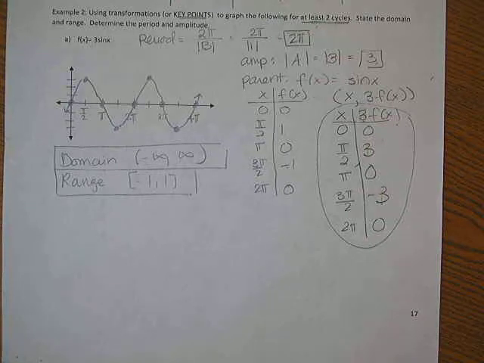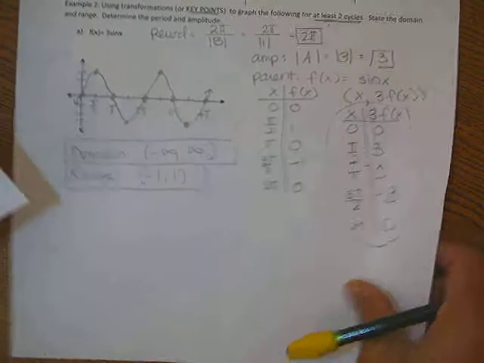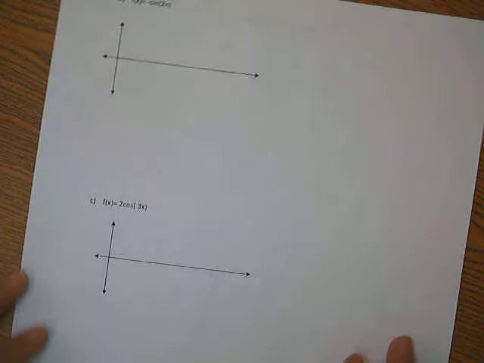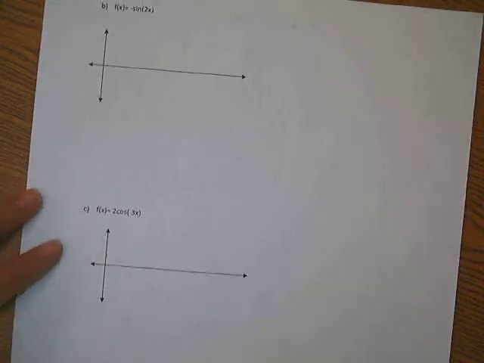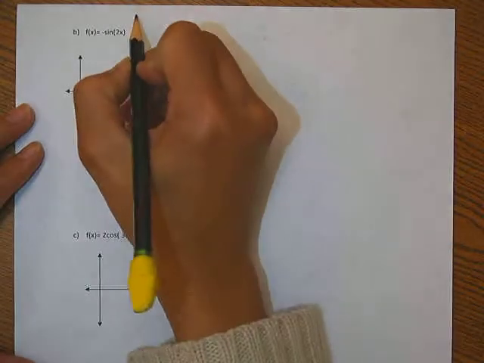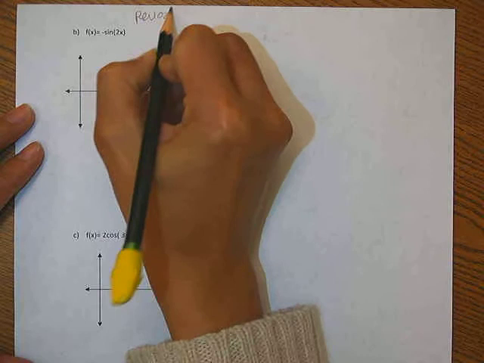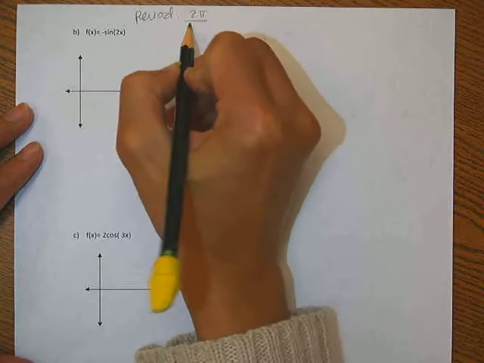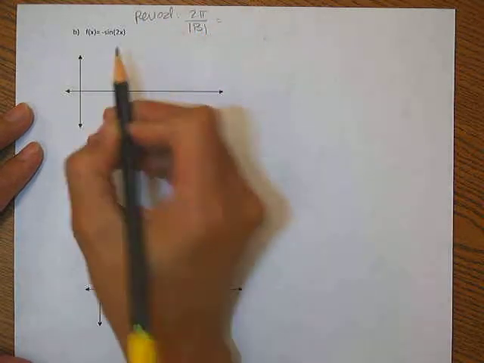All right, let's move on to example B. Are you ready for example B? Okay, here is example B. Same exact direction. We're going to look for the period, which is 2 pi divided by absolute value of b. Now look at this one.